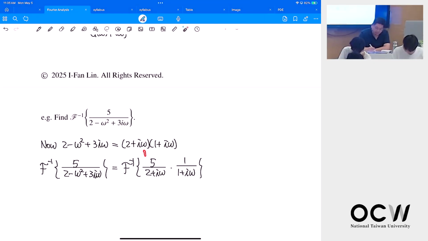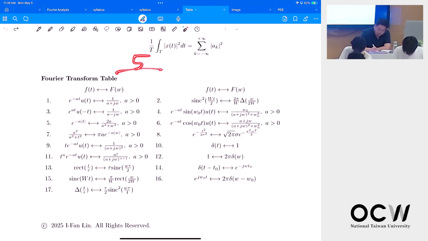Now you see that I have a multiplication in frequency domain. Then what happens in time domain? Convolution. But what is the function in time domain? I have 2 plus i omega, 1 plus i omega. So 2 plus i omega, this one, right? A is 2. Then I need 5 times here.